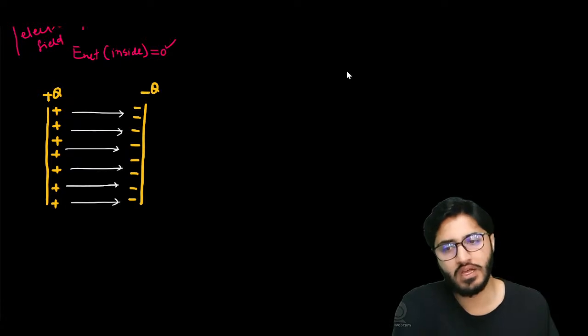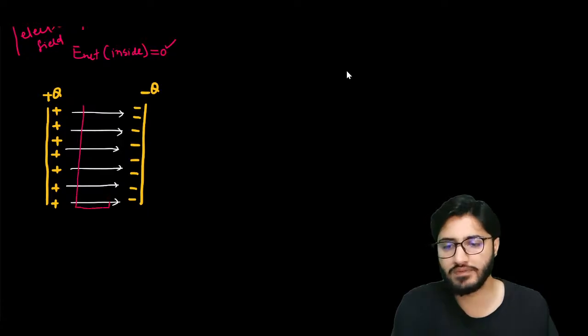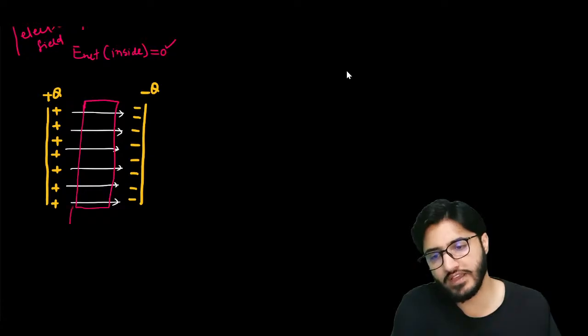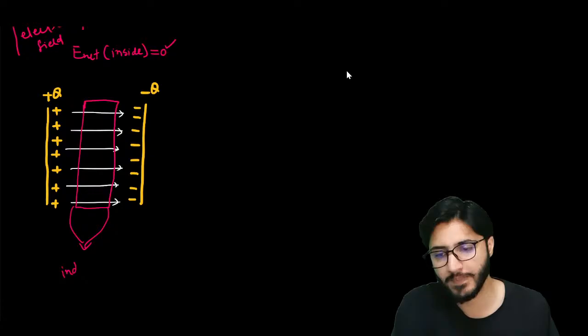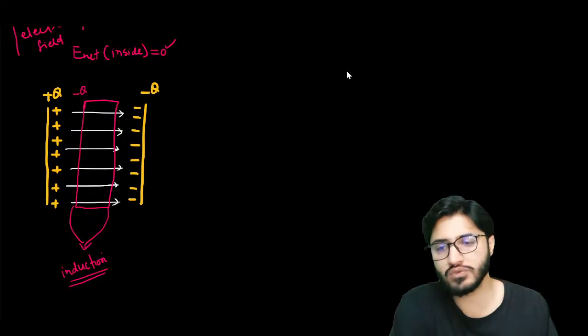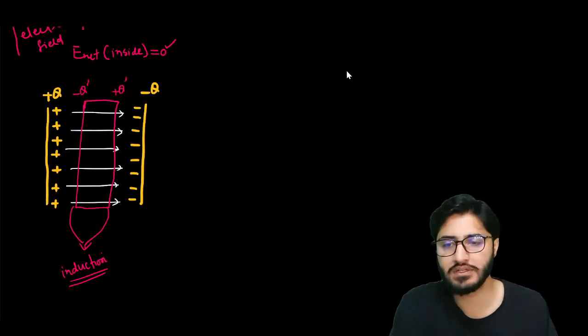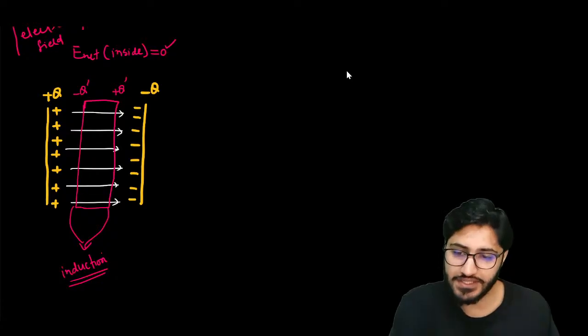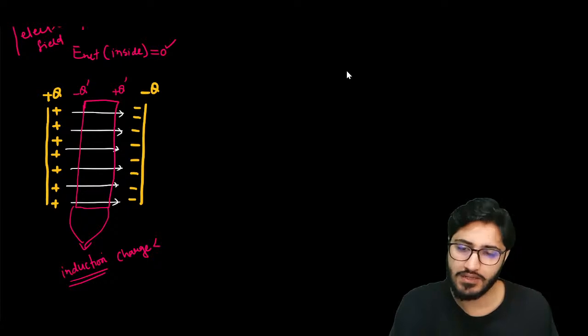Okay. Now when I place a non-conductor like this, on these two faces, this face and this face, what will happen? There will be an induced charge. Here we will get minus Q dash, here plus Q dash. But the induced charge will be less than the original charge.